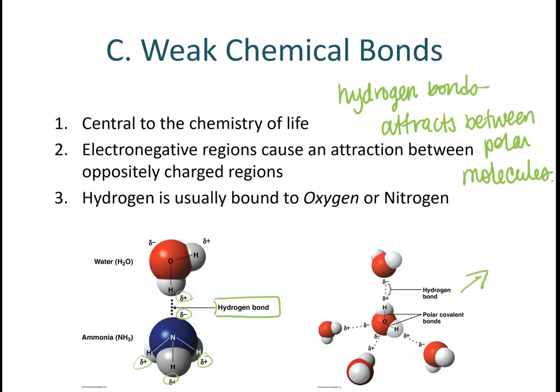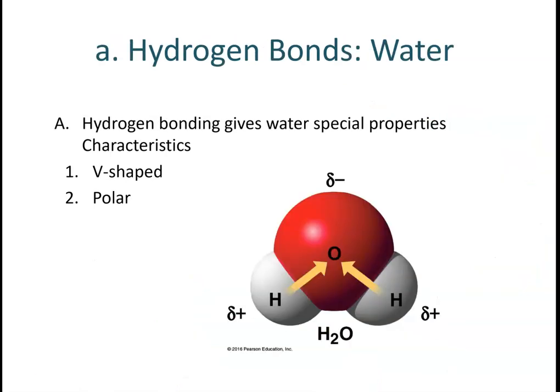Those hydrogen bonds and this regular structure of water molecules give us some very important properties that allow water to be probably the most important element for life. So that hydrogen bonding gives water some really special properties and characteristics.